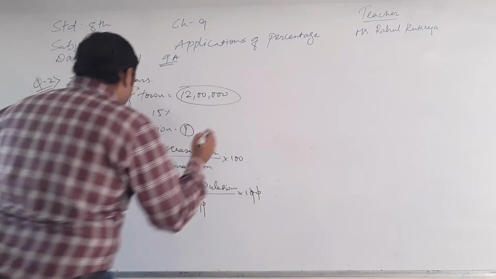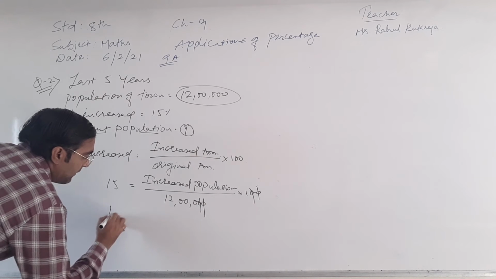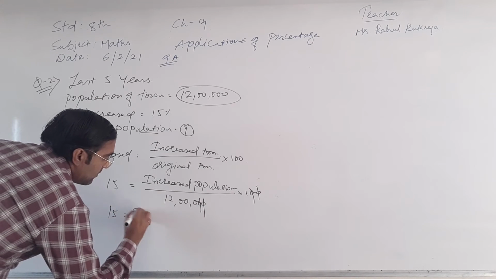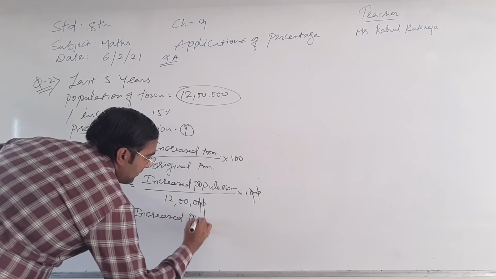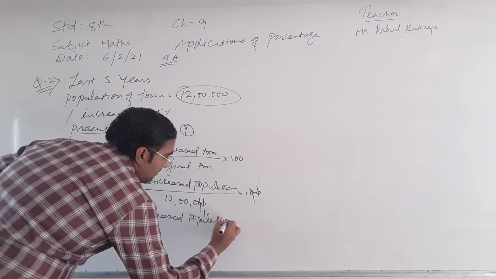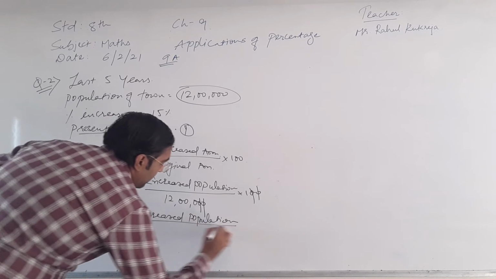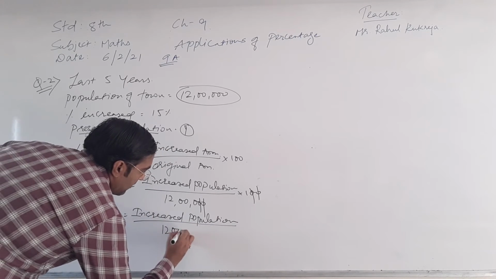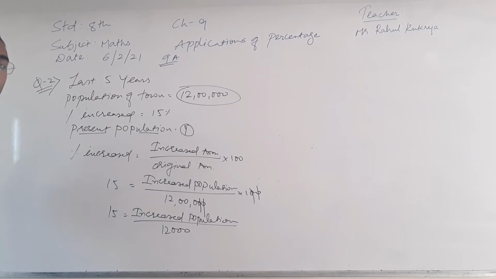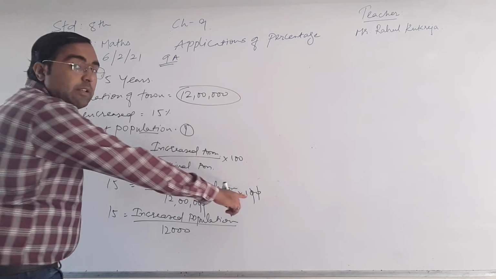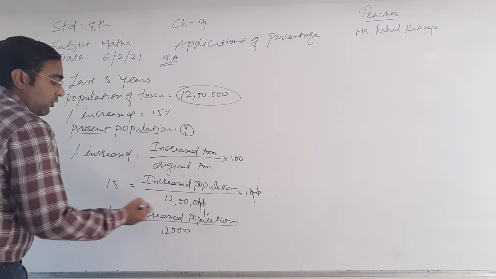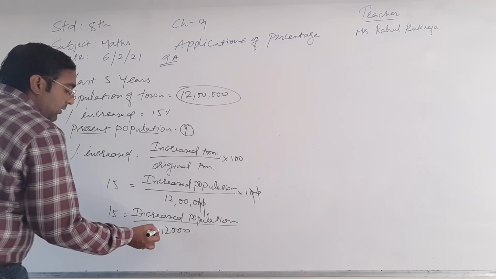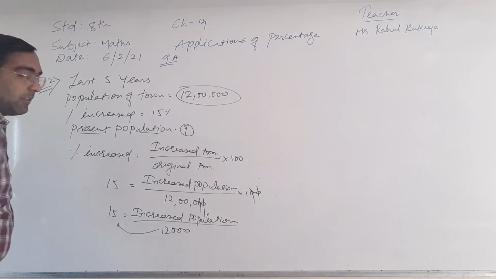Clear? So now 15 equals increased population upon 12,000. Clear? My 100 is cancelled out because I am cancelling the zeros. Now I need to find the increased population. So 12,000 is shifted to the other side to multiply with the 15.